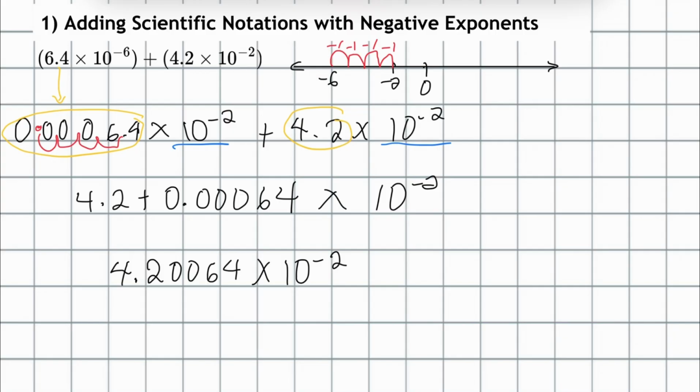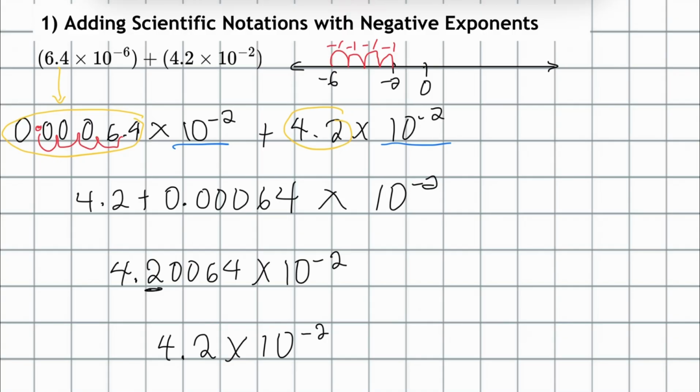Okay, and since this value here is between, you can either round it, right? You can round it to this place, and just keep it as 4.2 times 10 to the negative 2. That is a preference for your professor.